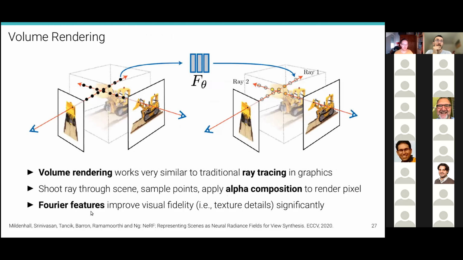And they also demonstrated that with these Fourier features, if you pass the input 3D location through such a Fourier feature mapping and expand the dimensionality, you can get much improved visual fidelity due to combating this implicit smoothness bias of these MLP representations.